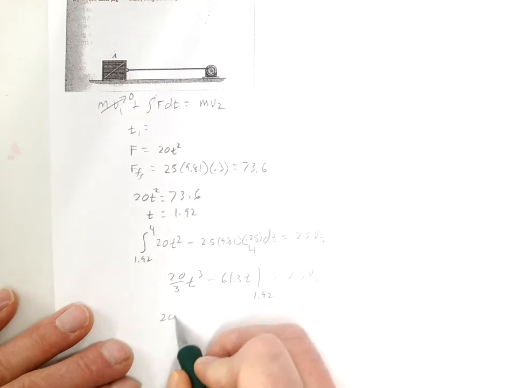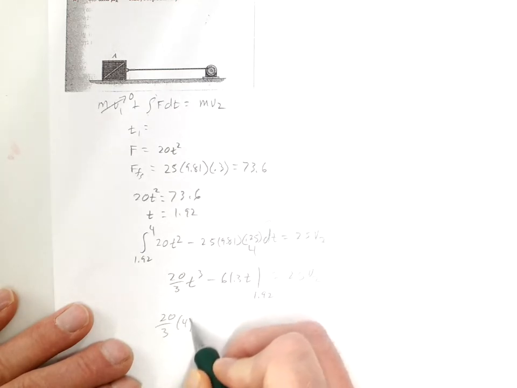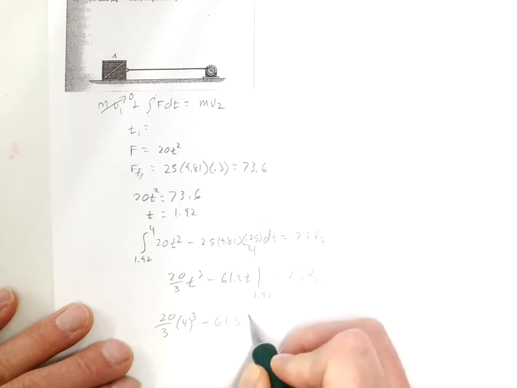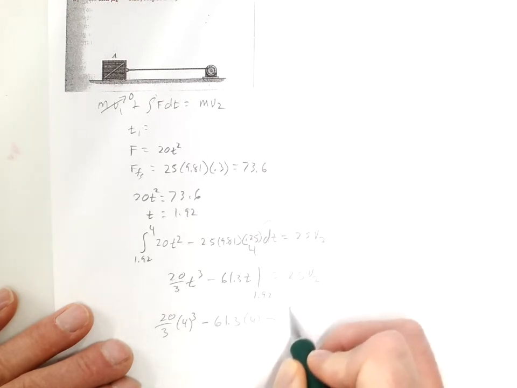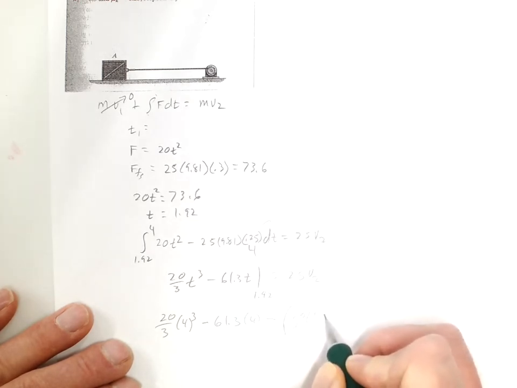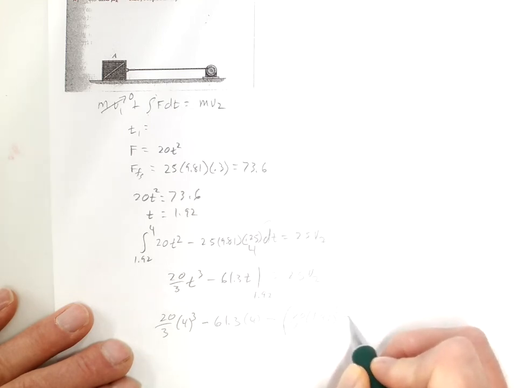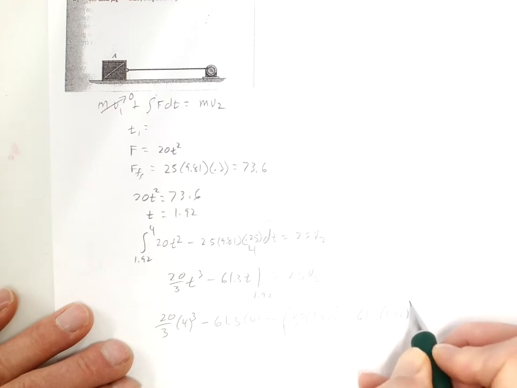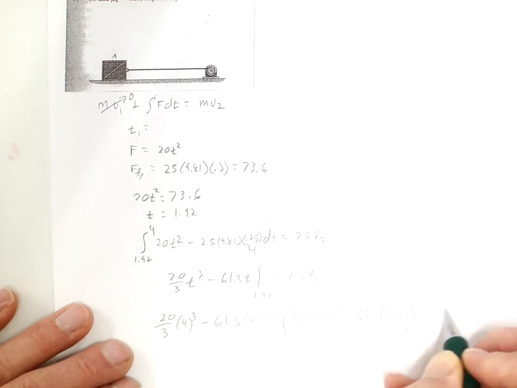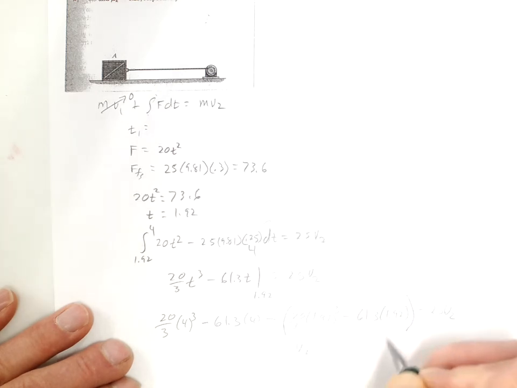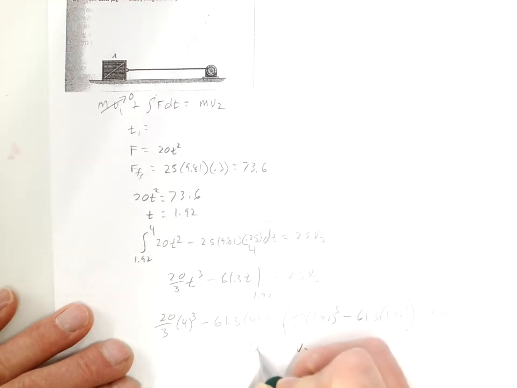And now we have 20 over 3 times 4 cubed minus 61.3 times 4 minus 20 over 3 times 1.92 cubed minus 61.3 times 1.92 equals 25 v2. And solving for v2, it is equal to 10.1 meters per second.